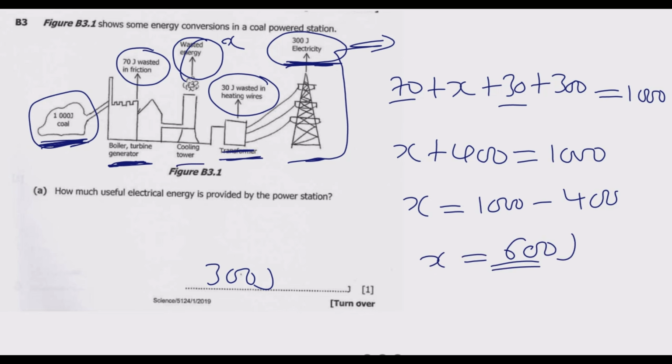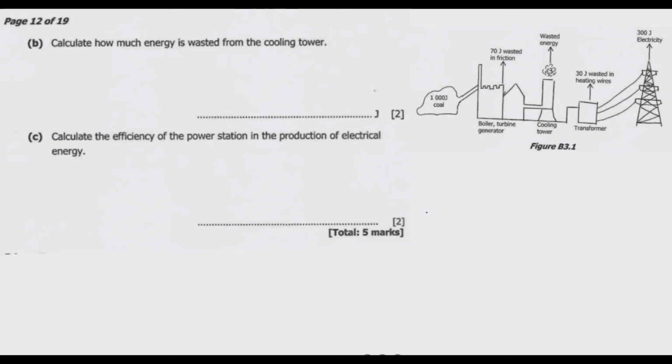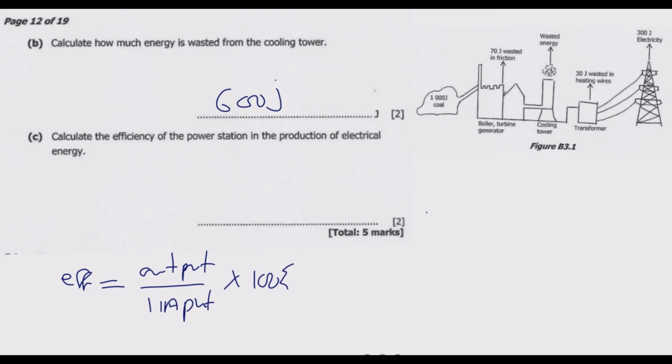Then C, calculate the efficiency of the power station in the production of electrical energy. So basically efficiency will be the output divided by the input. Then you multiply by 100%.